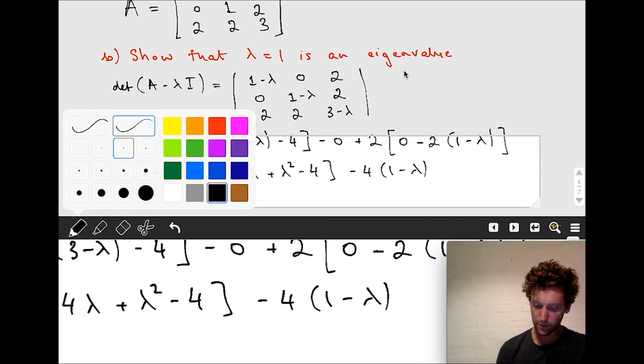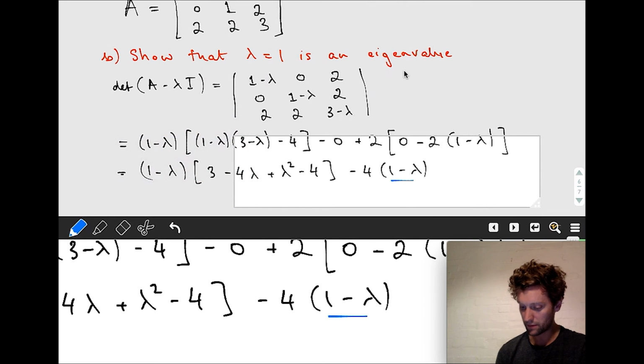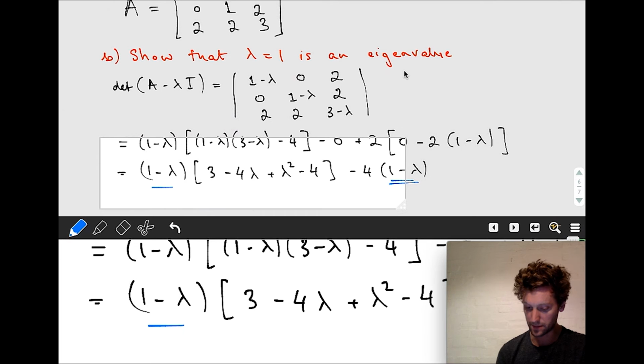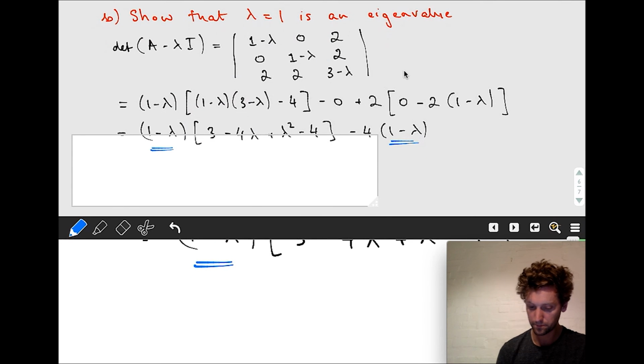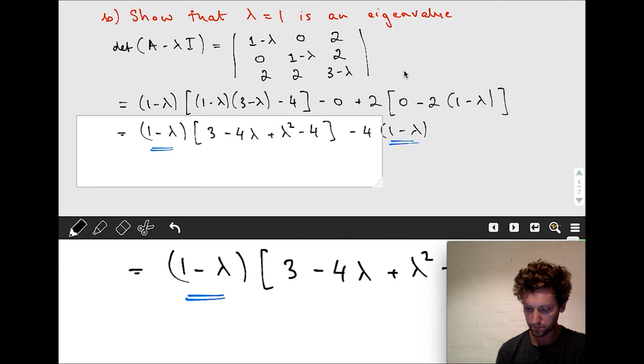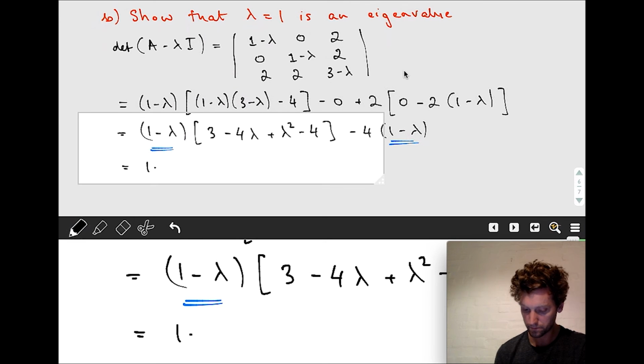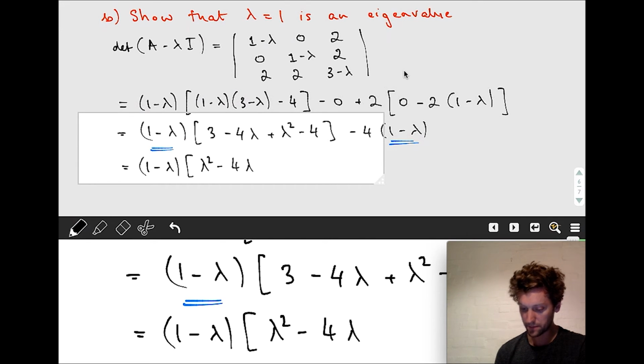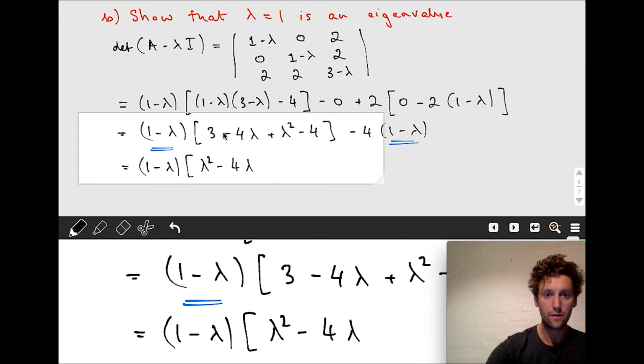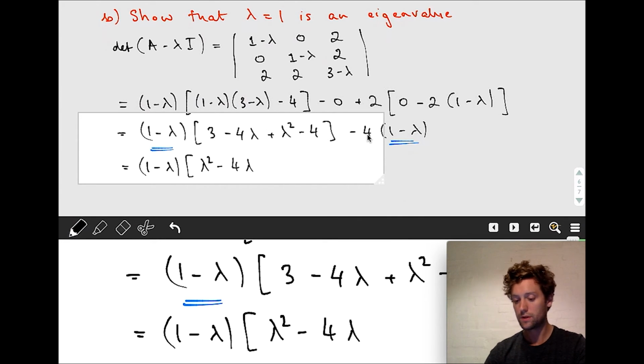And in fact, we already spot right away that there's this common factor of 1 minus lambda. So we have lambda squared minus 4 lambda, and I'm going to have 3 minus 4 minus 4, so 3 minus 8 is minus 5.